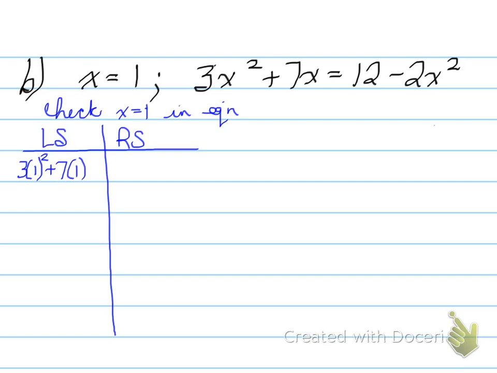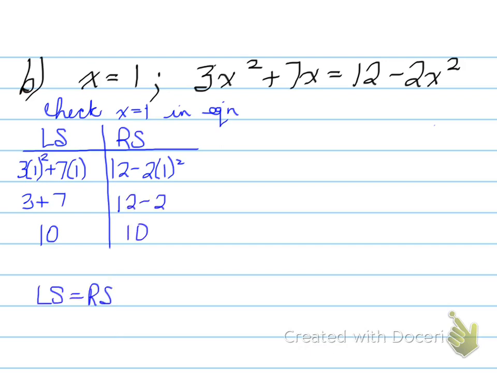The right side is 12 minus 2 times 1 squared. So we have 3 plus 7, which is 10, and 12 minus 2, which is also 10. Therefore, left side equals right side, and since left side equals right side, we can say that x equals 1 is a root.